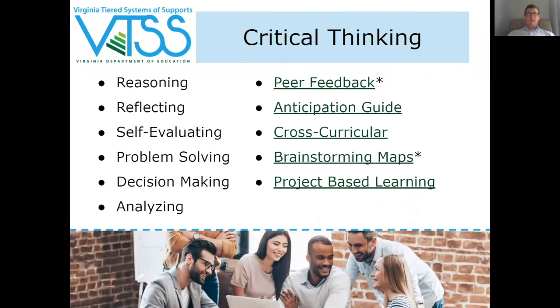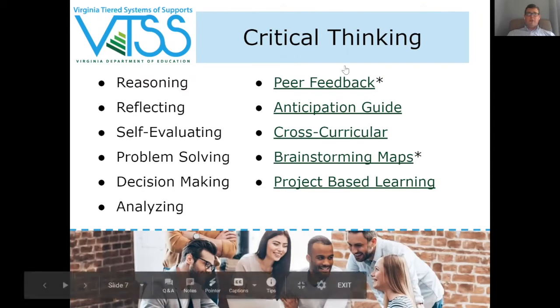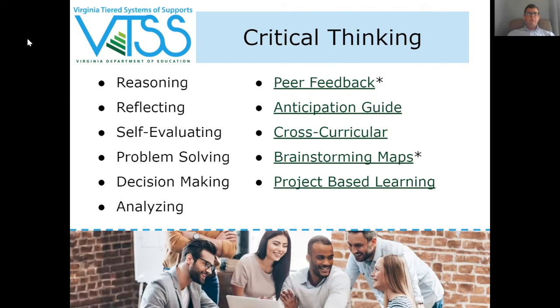Okay, so let's start with talking about critical thinking. Those bullets on the left-hand side are the kinds of behaviors that we want students to show if they're going to be strong critical thinkers.